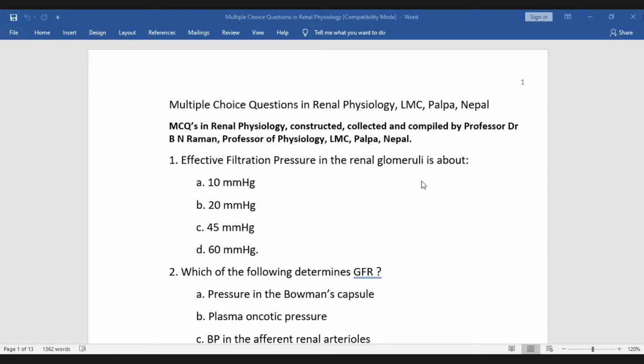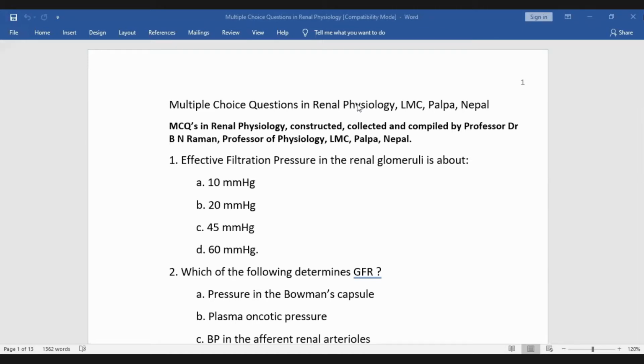So we are starting now with number one, an MCQ: what is the effective filtration pressure in the renal glomeruli?